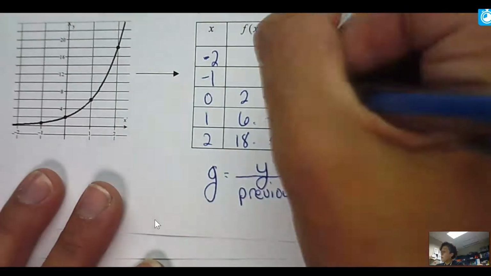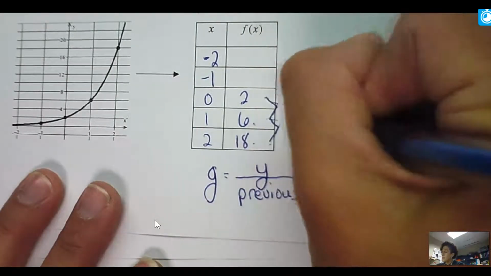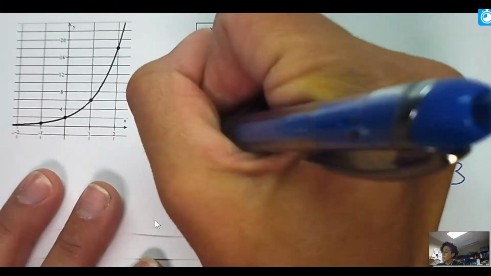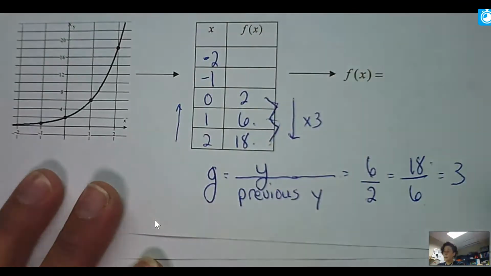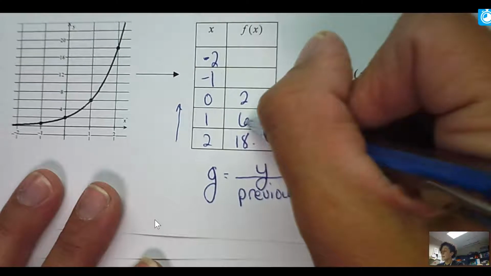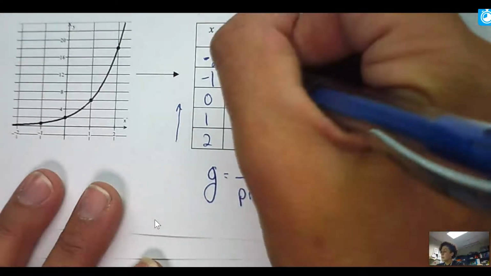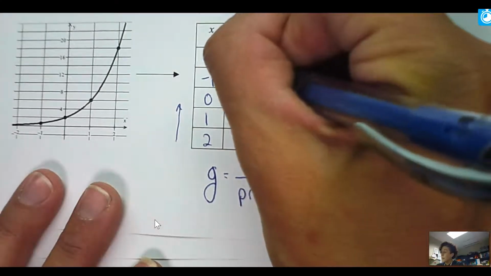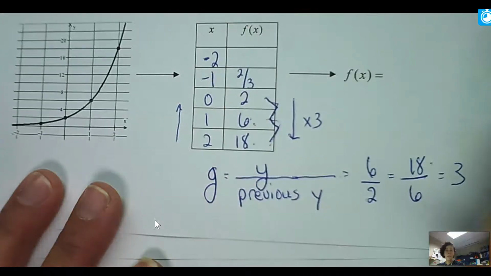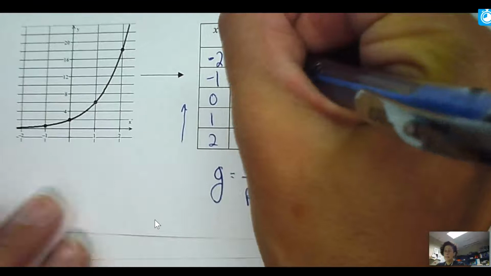So now to go backwards, if they're multiplying by 3 this way, then to go this way, I'll want to divide by 3. 18 divided by 3 is 6, 6 divided by 3 is 2. 2 divided by 3 is just 2/3. And if you take 2/3 and divide it by 3, you get 2/9. And how do I know that?